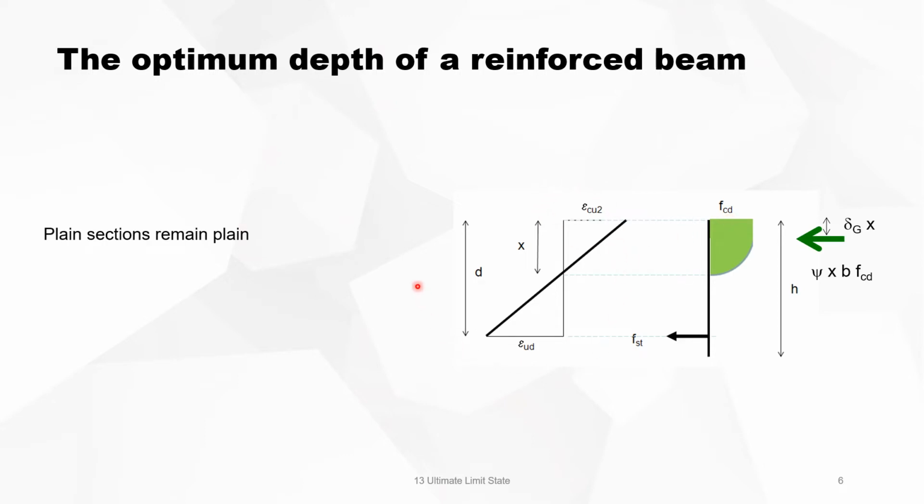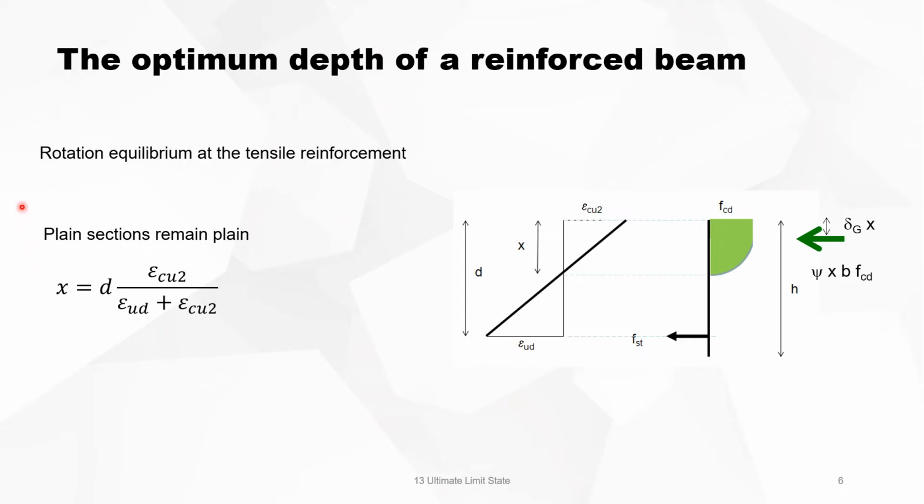Now, a plane before loading stays a plane after loading. We use similar triangles, and we can express the depth of the neutral axis in function of the two extreme strains in concrete and steel.